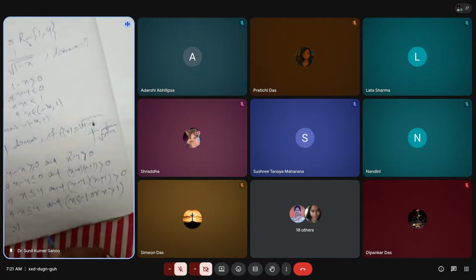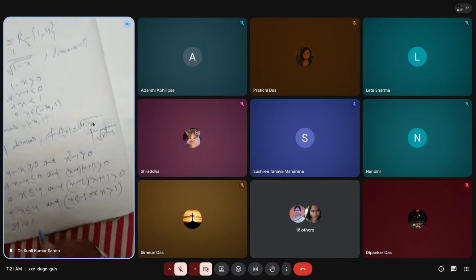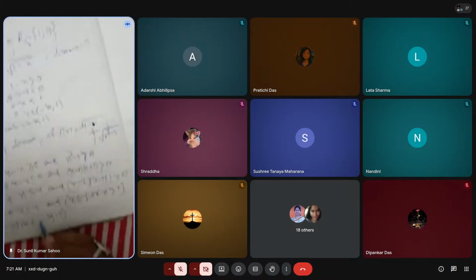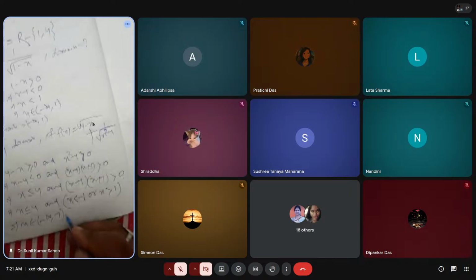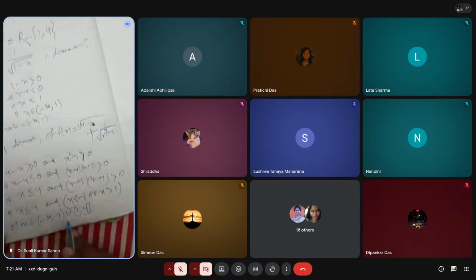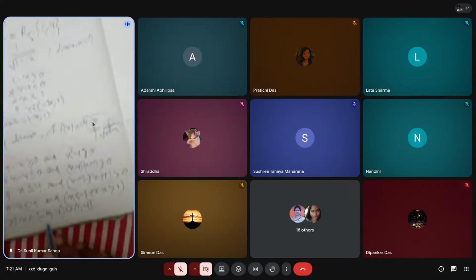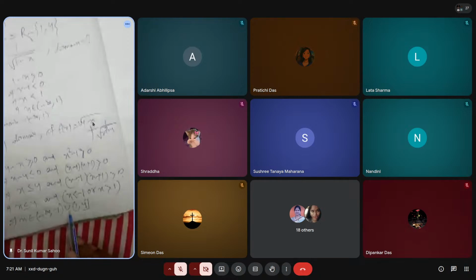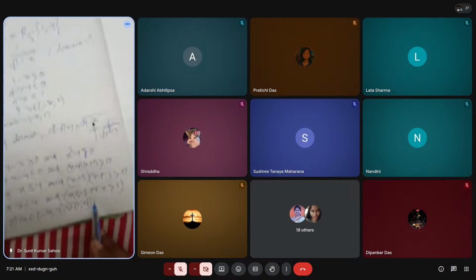So its union is x belongs to minus infinity to minus 1, union 1 to 4, 4 included. Here x is less than or equal to 4, so 4 is included.